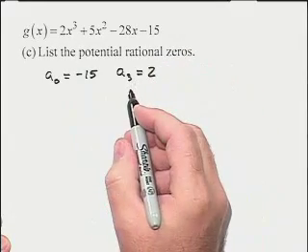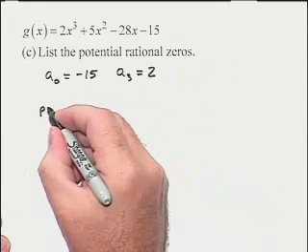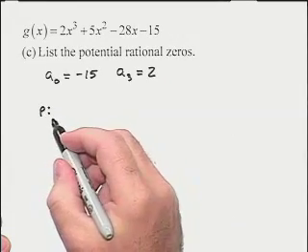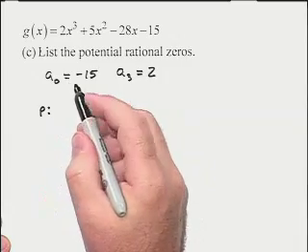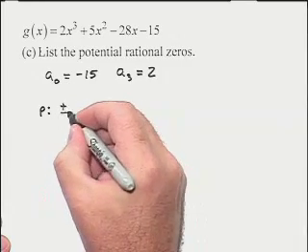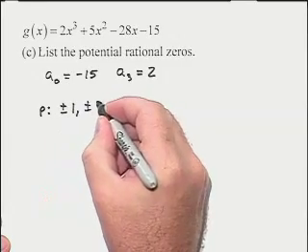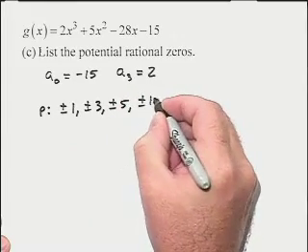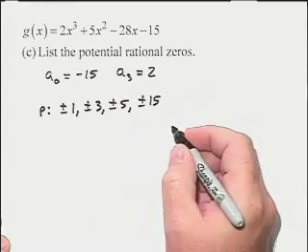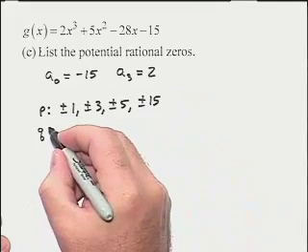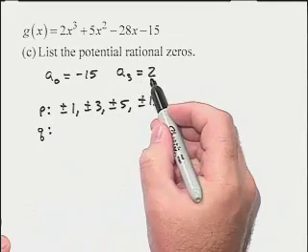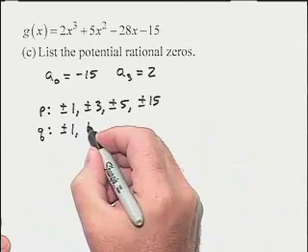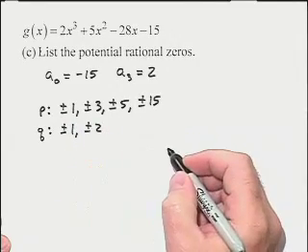To find the potential rational zeros, we first find the values for p, the integers p, that are factors of a sub 0. So we'll get p is plus or minus 1, plus or minus 3, plus or minus 5, and plus or minus 15. Then we need integers q that are factors of our leading coefficient 2. So q will be plus or minus 1 and plus or minus 2.